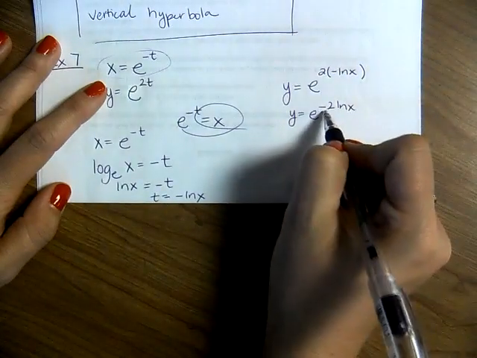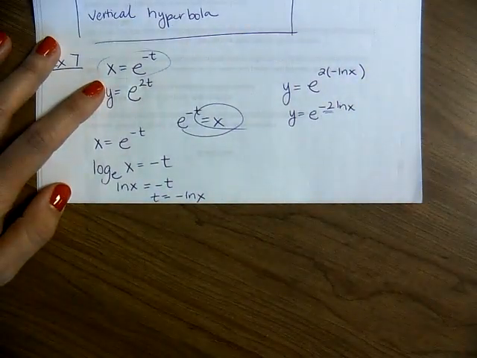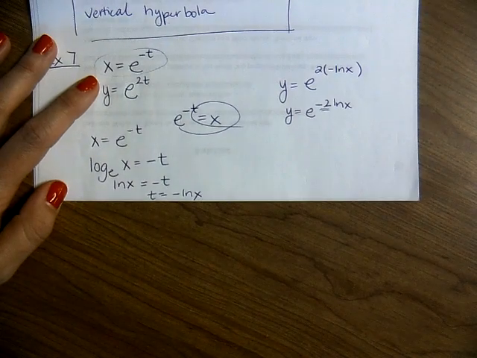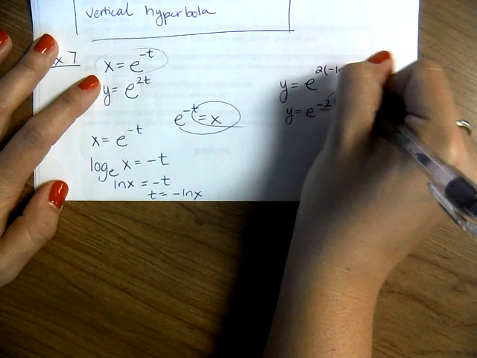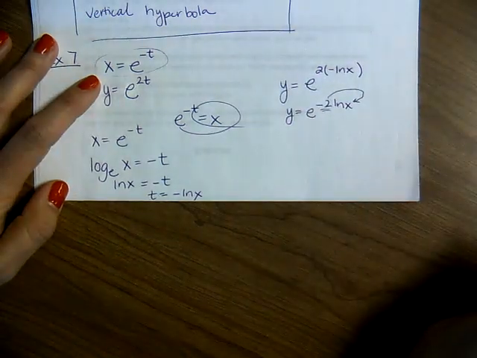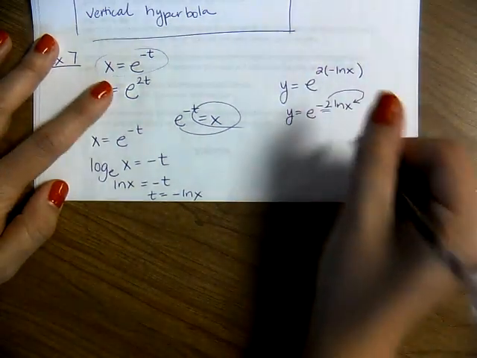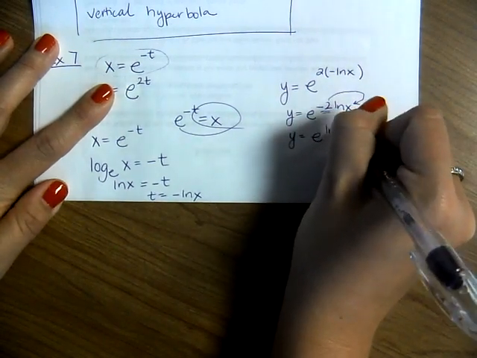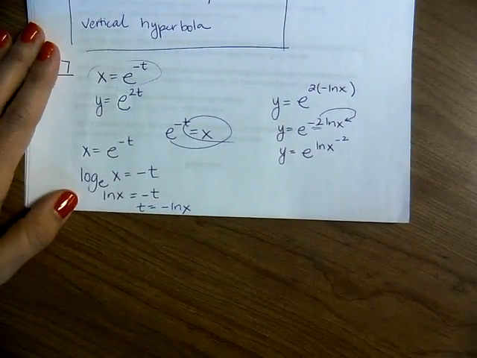Do you remember what you could do with a number that was out front of a log? Yep, you can pull it over as an exponent. This coefficient becomes an exponent in the rules of logs. So this is really like y equals e to the natural log of x to the negative 2.